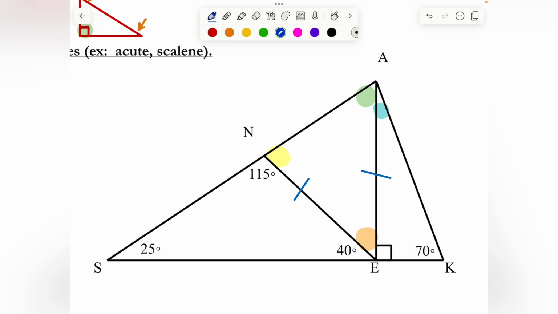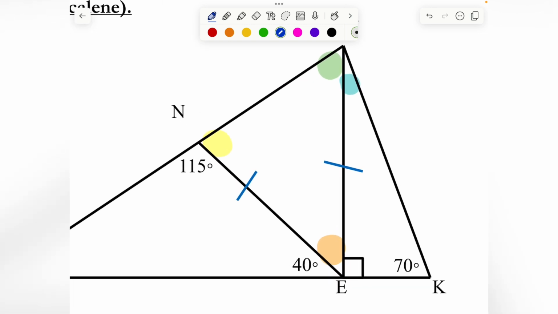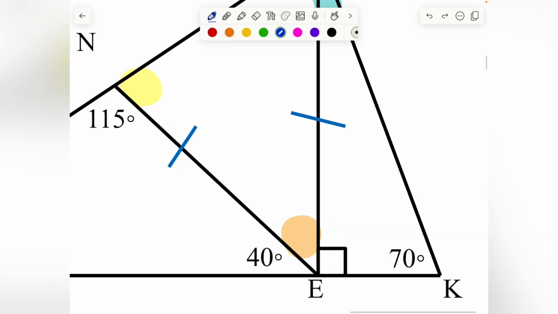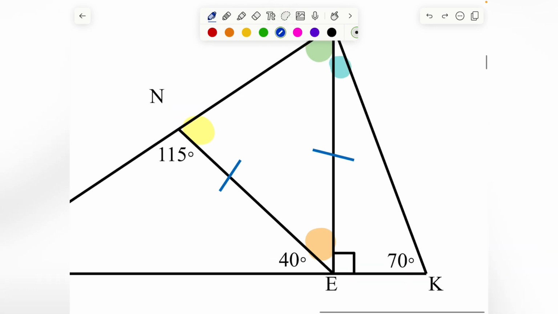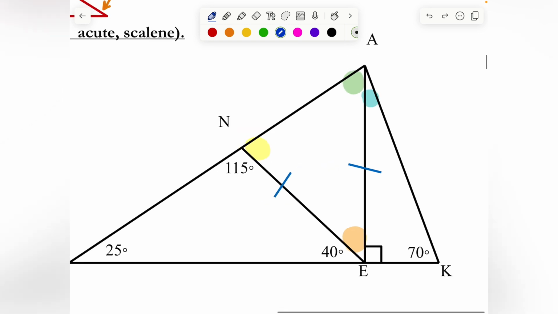So the first thing I am looking at is this right triangle that I'm tracing in blue. We know it's a right triangle because it already has the 90-degree mark, and we already know that this angle down here is 70. Something we talked about yesterday is that the other two angles of the right triangle that aren't the right angle have to add to 90.